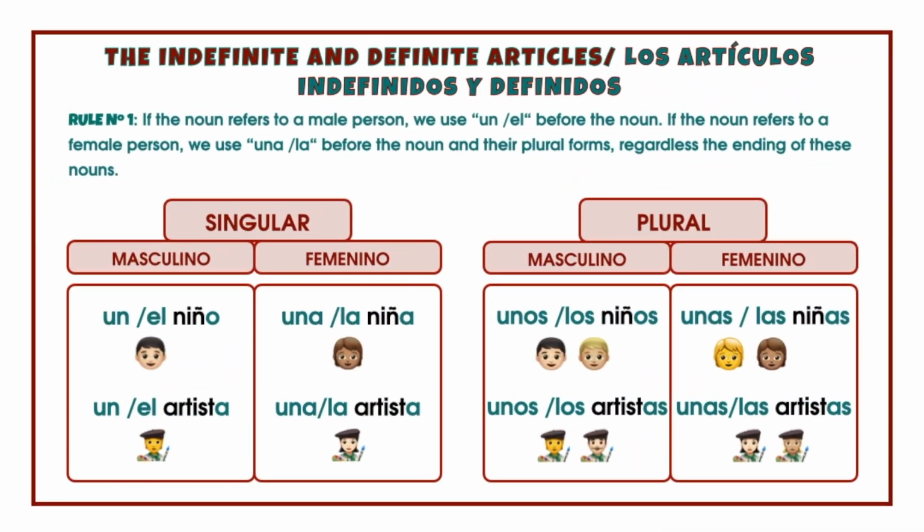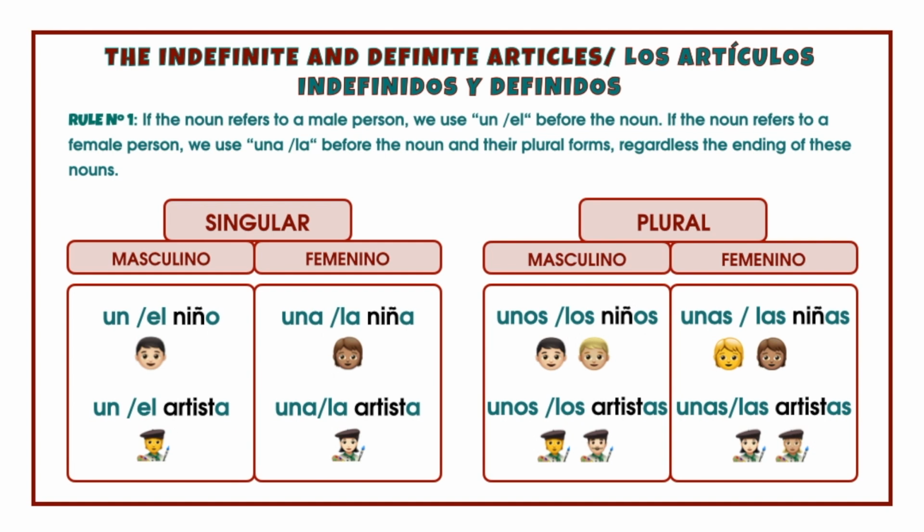I have prepared a chart to show you these general considerations with examples to keep in mind when learning and when to use these definite and indefinite articles. Let's look at them. The indefinite and definite articles, los artículos indefinidos y definidos.